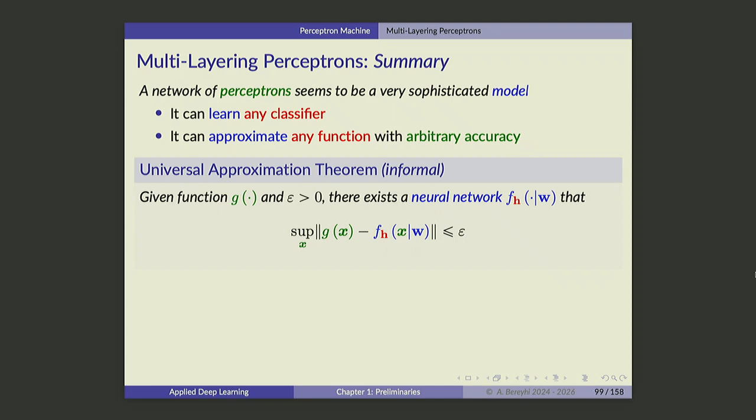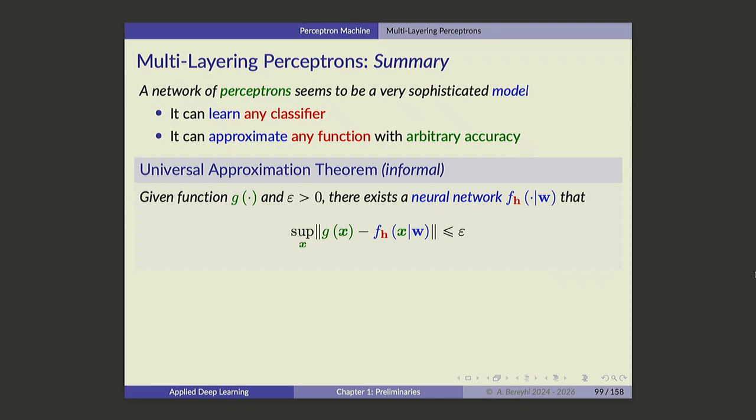But the question is how you can make them do that, right? They have a very high capacity. They have the potential to do whatever you want. But the question is how you can find the weights and the connections properly so that it's going to do the job for you, right? So this is what we call the universal approximation theorem. And I am presenting it here like this for you.